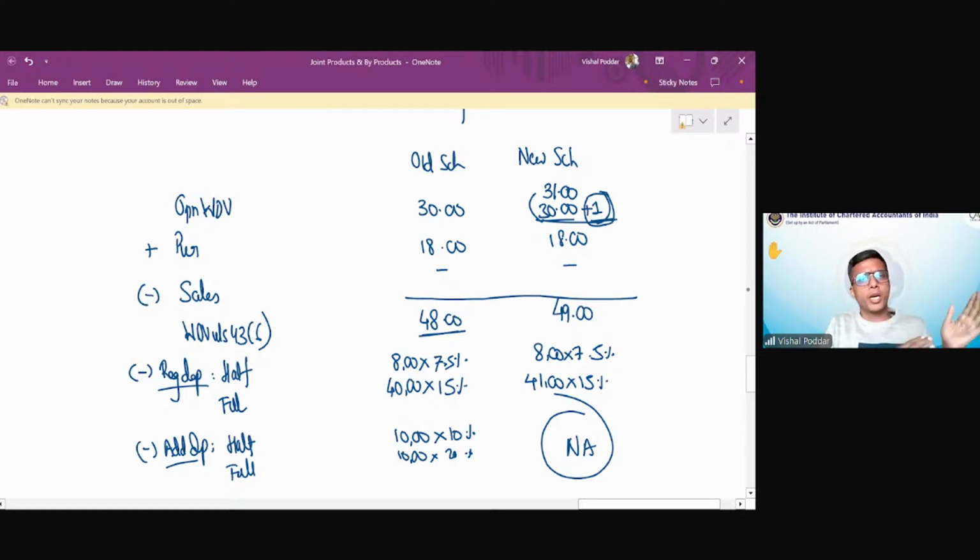So additional depreciation half, 10% we took last year, balance half we'll take in the current year. So this 10 lakhs pertains to my last year. Remember this. But we had studied that if additional depreciation is allowed half in the last year, balance half you can take in the current year.